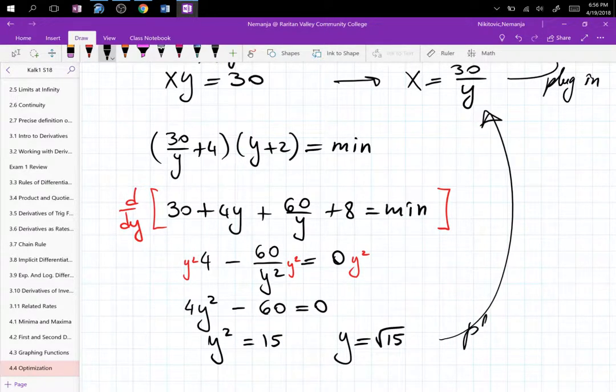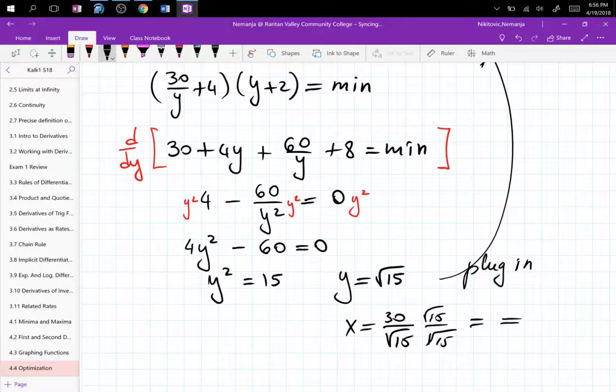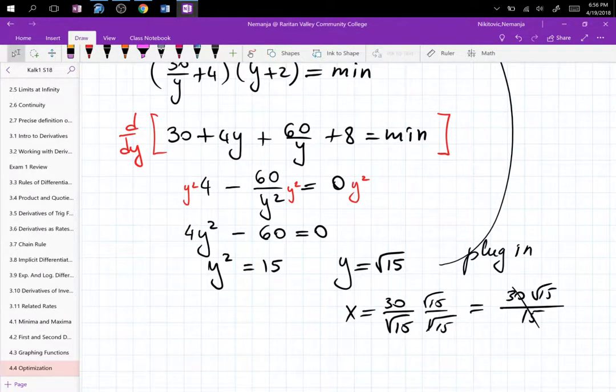Plug in. x equals 30 over square root of 15. Rationalize. We don't like square root of 15 in the denominator. And we get 30 root 15 over 15. Now this cancels. And there we go.